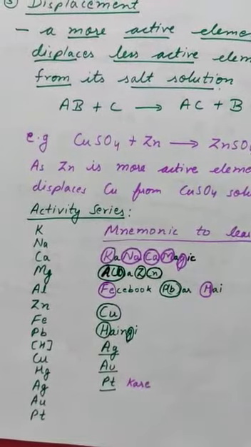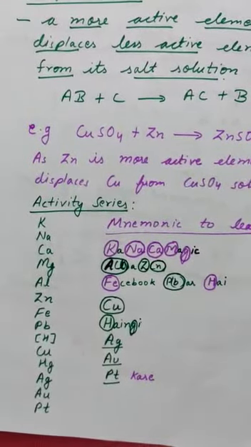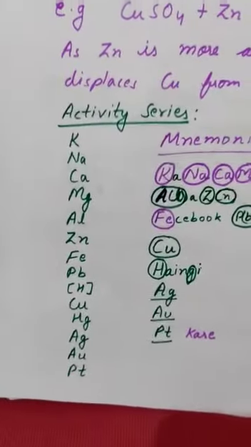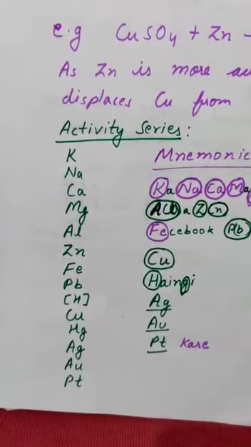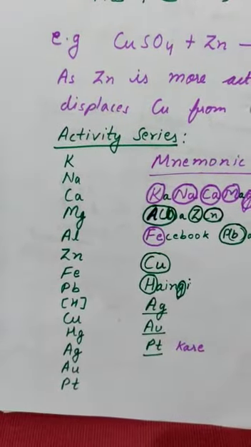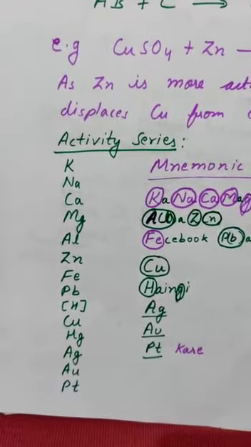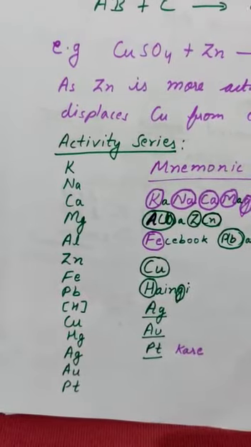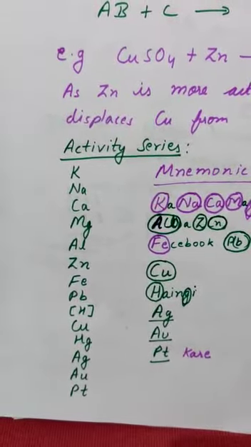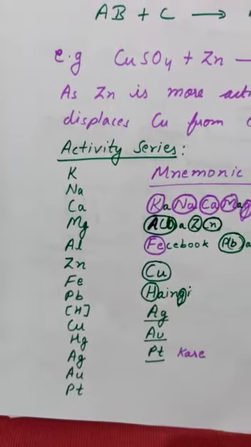To solve this, an activity series is given in which the different elements are arranged in order of decreasing chemical reactivity. The elements at the top are the most active elements, whereas the elements at the bottom are the least reactive elements.